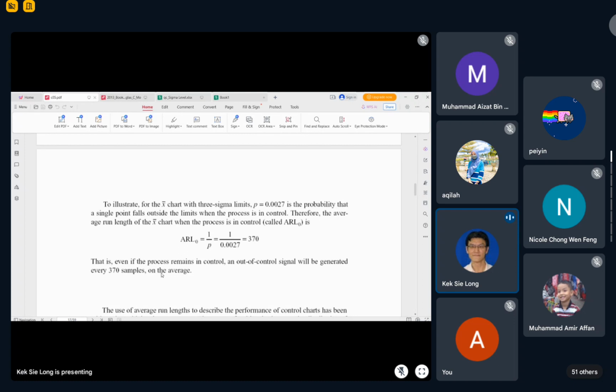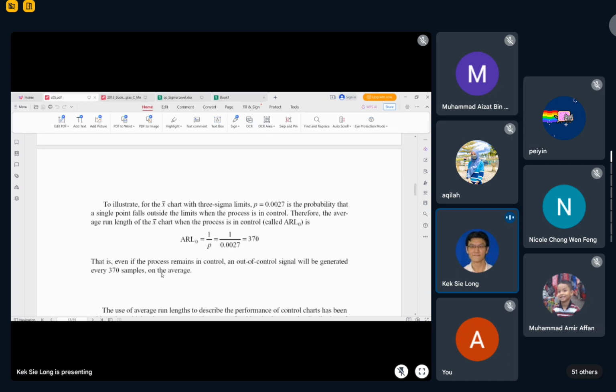Maybe you say, sir, you said we can enlarge the control limit. If I find one or two points outside the control limit, it's okay, I just enlarge it. This issue I have mentioned: we cannot simply enlarge the control limit, because the lower and upper control limits are calculated from the mean of the means, from the sample, and from the fixed sigma level, since different companies have different sigma levels as a standard.